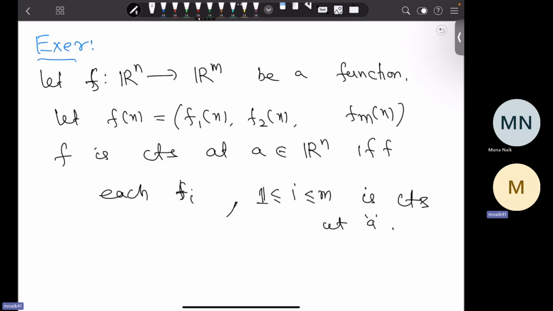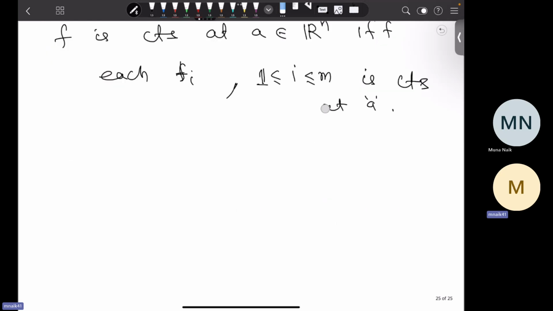So f is continuous at a if and only if the coordinate functions are continuous at a.